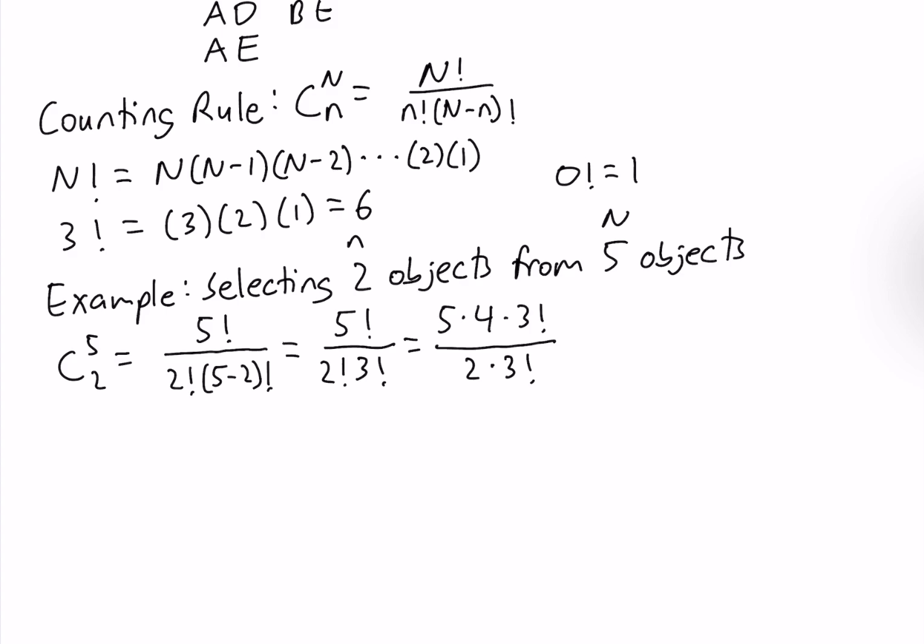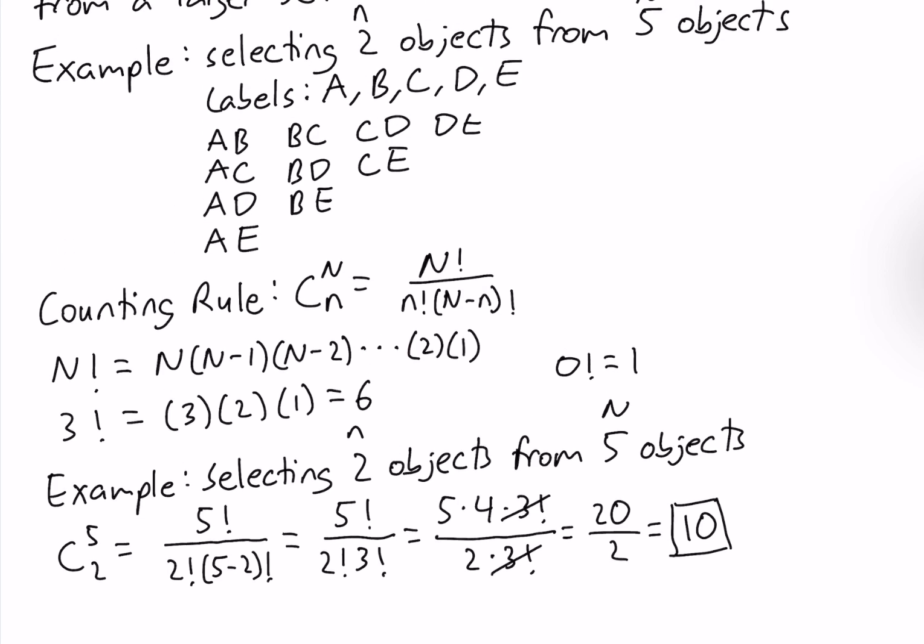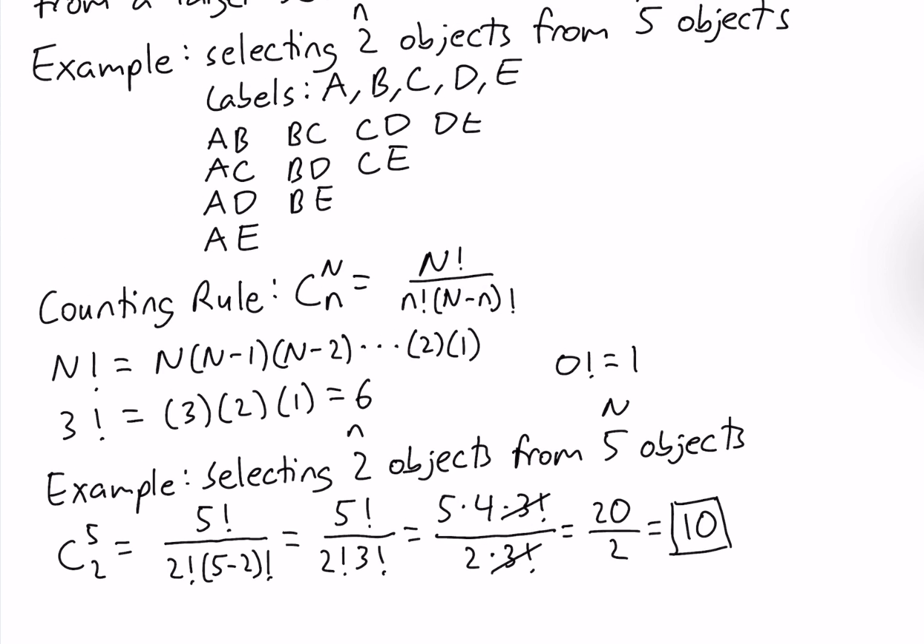So the 3 factorials cancel out. So what we're left with is 20 over 2, which is equal to 10. So there are 10 different ways of selecting 2 objects from a set of 5 objects, which is the same thing that we saw up here when we wrote out all the different outcomes.